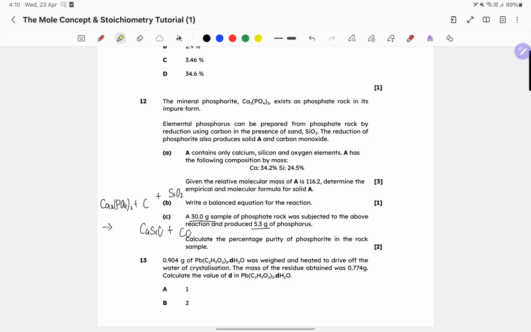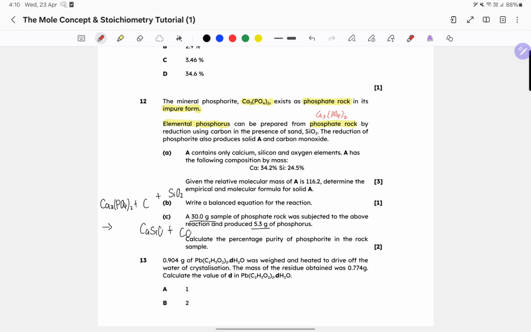Okay, the mineral phosphide Ca3(PO4)2 exists as a phosphate rock in its impure form. Elemental phosphorus can be prepared from the phosphate rock. So this phosphate rock will have been Ca3(PO4)2.